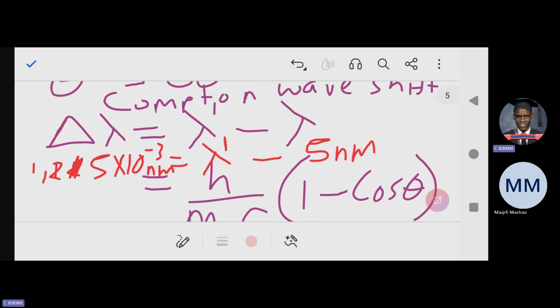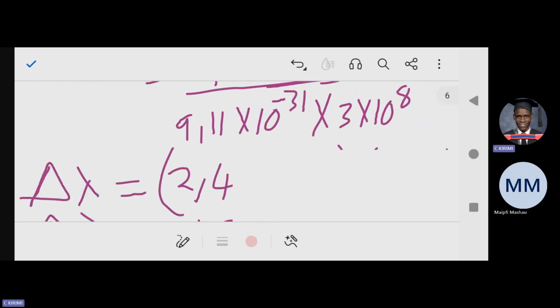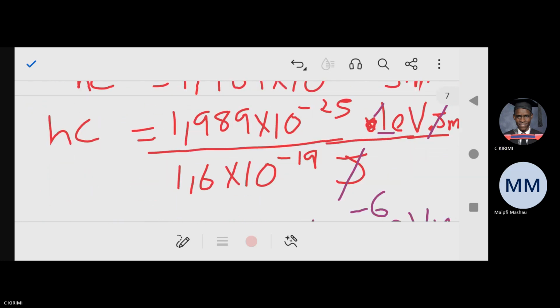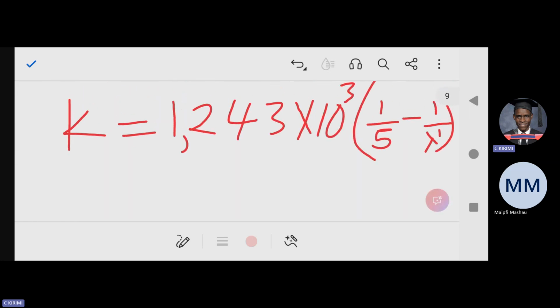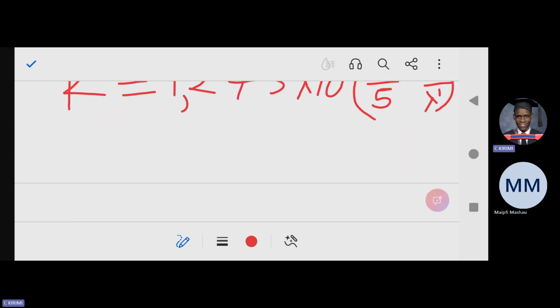Because of the change in lambda, if I move the 5 nanometers to the right, to the plus side, then if I want the final wavelength, it is the one I have calculated here.